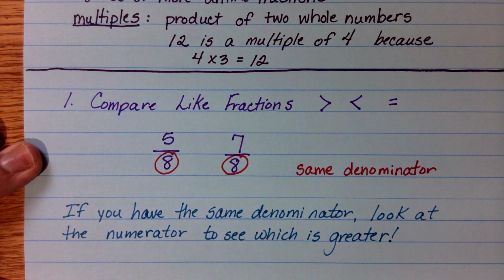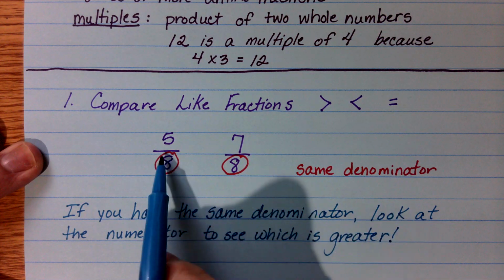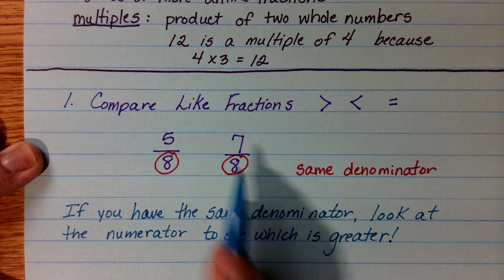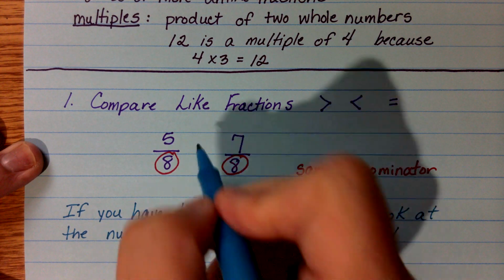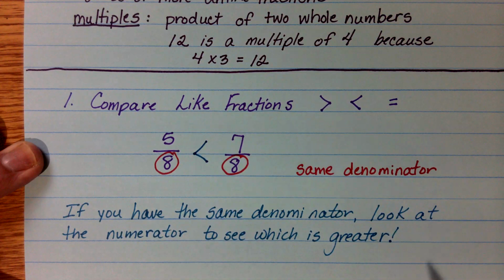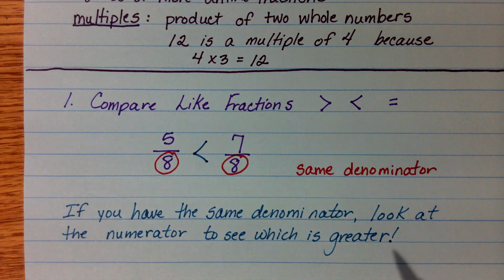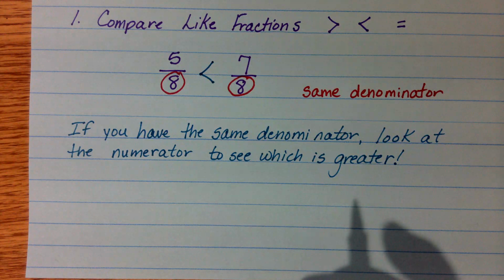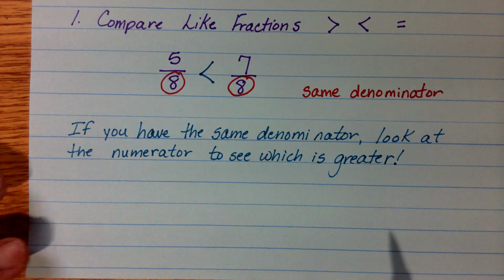So in this specific comparison, 7 is greater than 5. Therefore, 5/8 is less than 7/8. Seems pretty easy, right? If you have the same denominator, look at the numerator to see which is greater.